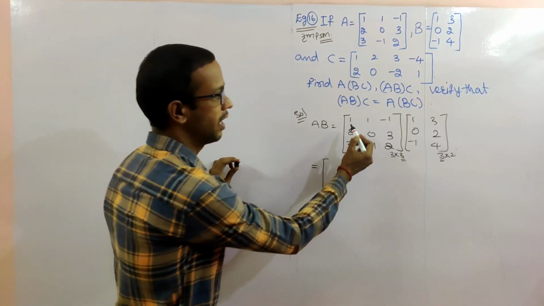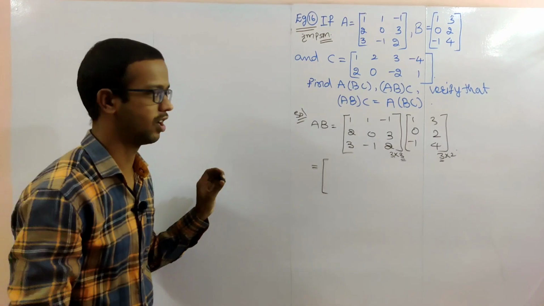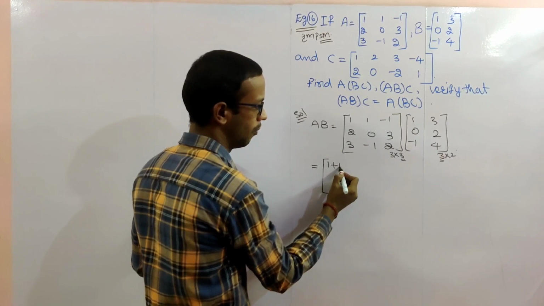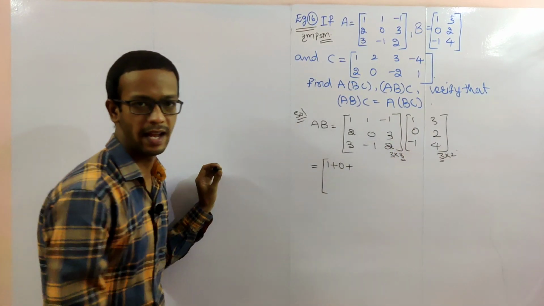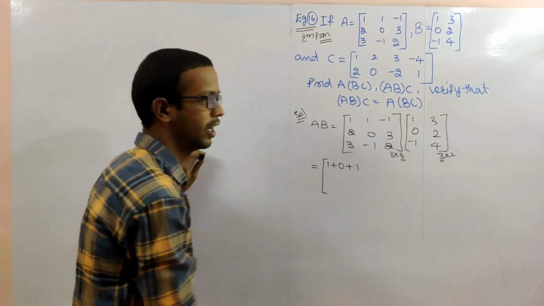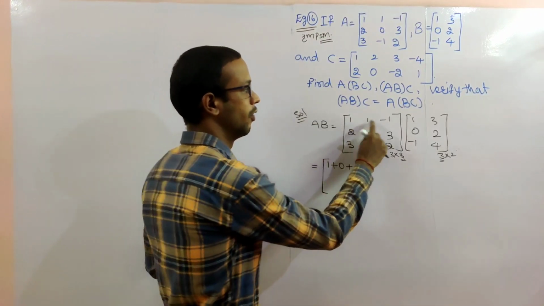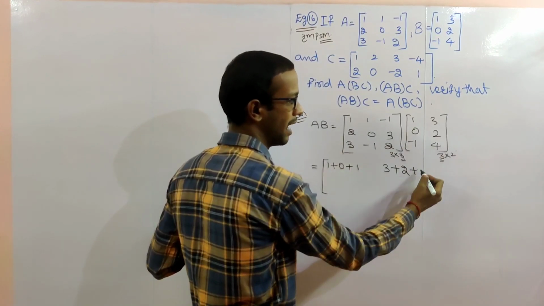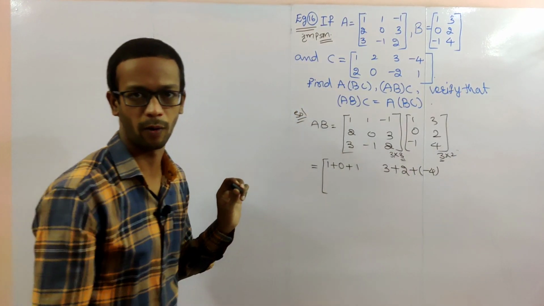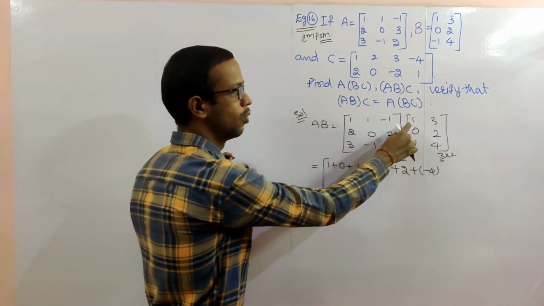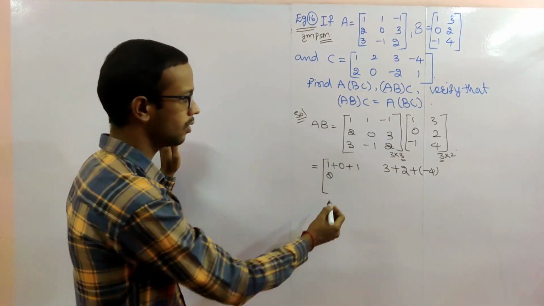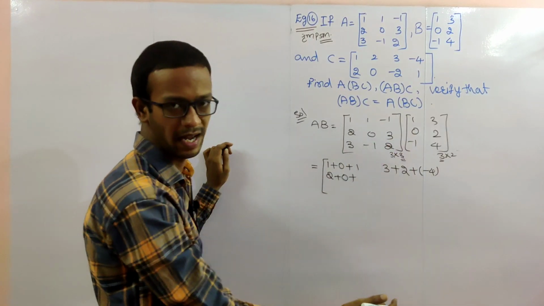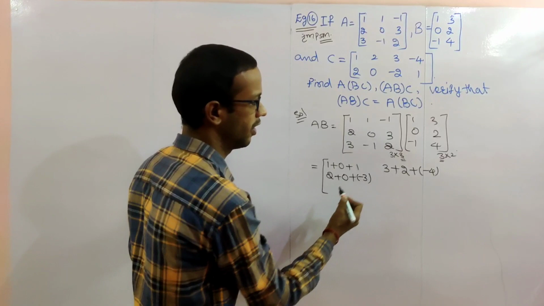We already discussed many problems on the row by column method. First row, first column: 1 into 1 is 1, plus 1 into 0 is 0, plus minus 1 into minus 1 is plus 1. Next, 1 into 3 is 3, plus 2 into 1 is 2, plus minus 1 into 4 is minus 4. Next, 2 into 1 is 2, plus 0 into 0 is 0, plus 3 into minus 1 is minus 3.